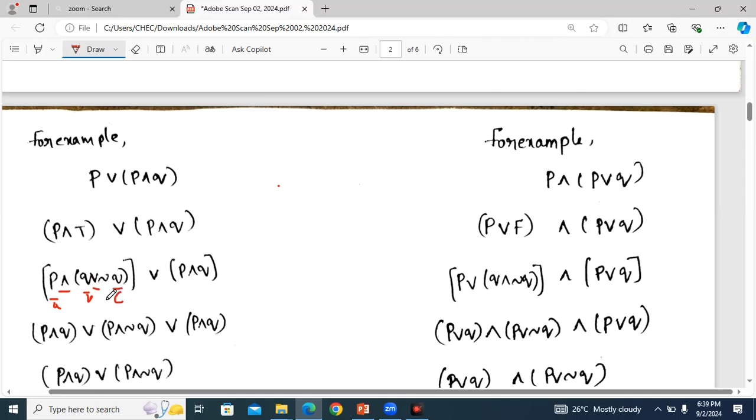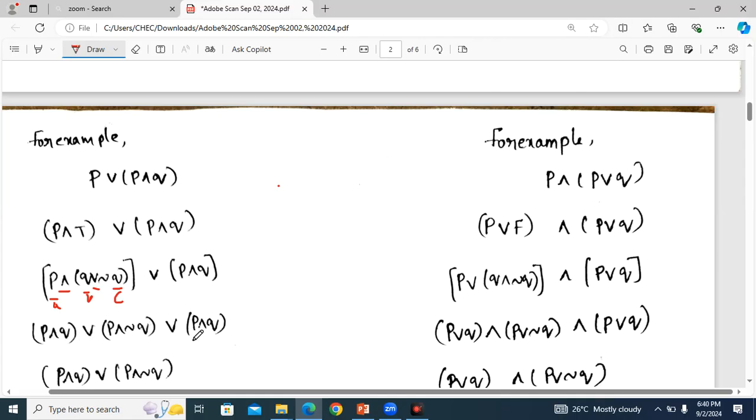Now we apply the distributive law: (A and B) or (A and C). So in place of A, P, in place of B, Q. So (P and Q) or (P and negation Q), by applying the distributive law, or (P and Q).